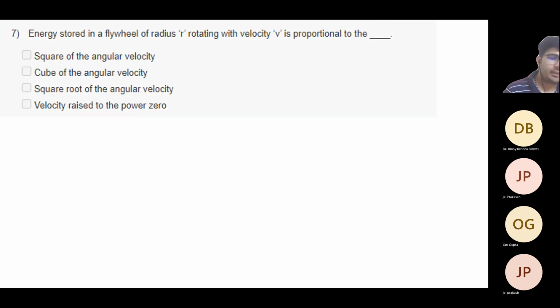Let's come to question number 7. Energy stored in a flywheel of radius r rotating with velocity v is proportional to the square of the angular velocity, cube of the angular velocity, square root of the angular velocity, or velocity raised to power 0. Take 2-3 minutes to answer.